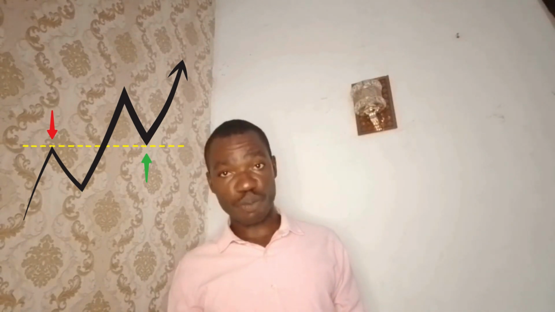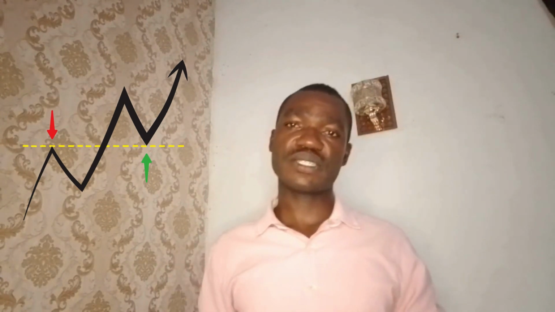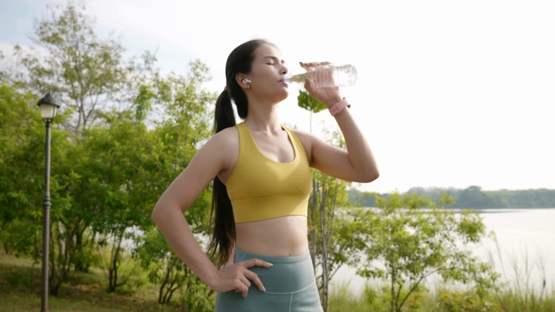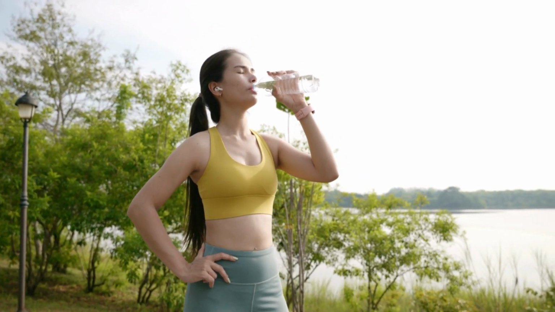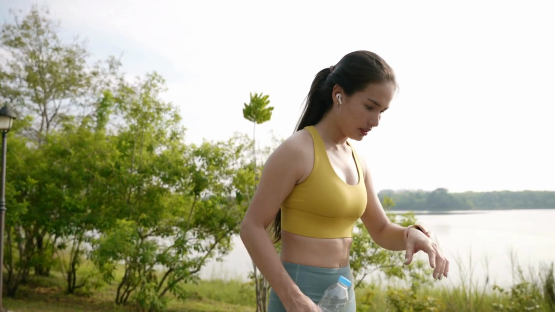The bottom line acts as support while the top line acts as resistance. Just like our hiker stops for water breaks, which is retracement, the market pulls back before continuing higher.